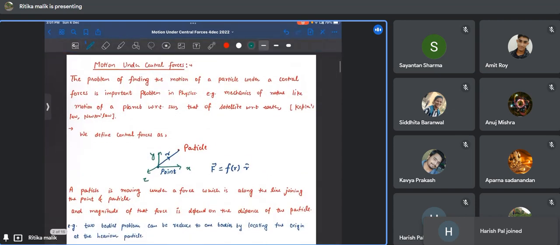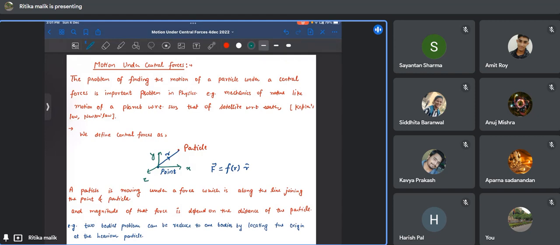Till now we have been talking about the electromagnetism part of the GATE physics course, in which we talked about charges under the influence of an electric field. Here we are going to talk about particles under the influence of central forces, and we will see how a particle behaves in a central force.